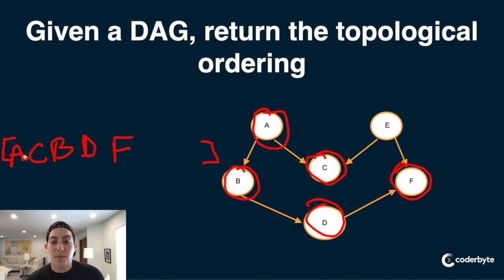Now, what do we do with E? When and where do we put E? So as I said, we're going to be starting different depth first traversals from different points of the graph. So what would happen if we started one here? So we visit E. Now E definitely can go before everything, because we haven't reached it yet. So therefore, it wasn't after any of the other nodes we've been to.